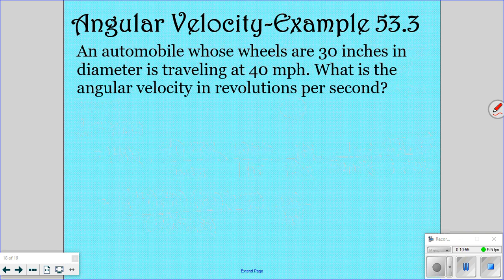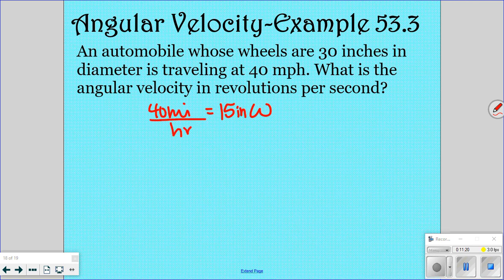Okay, so let's look at another example. This one asks us to find the angular velocity. So that means we're going to be solving for our omega. The diameter is 30 inches, so that means that the radius is 15 inches. And then we're traveling at 40 miles per hour.